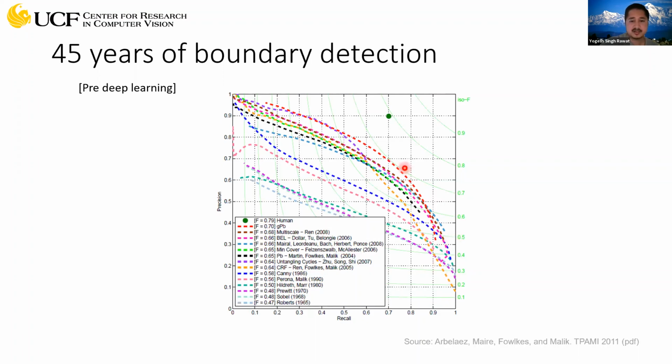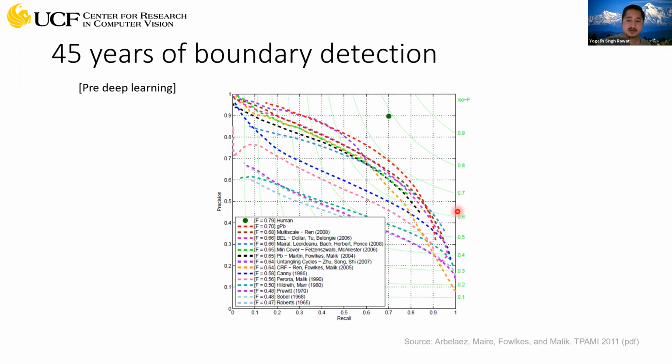So you can see here that this green dot is showing human performance when we asked humans to draw edges in the images. And this is the best we have. So the best algorithm, or what we can say is a perfect algorithm, will have a curve something like this. So the precision will always be 1, and it will pass this location.